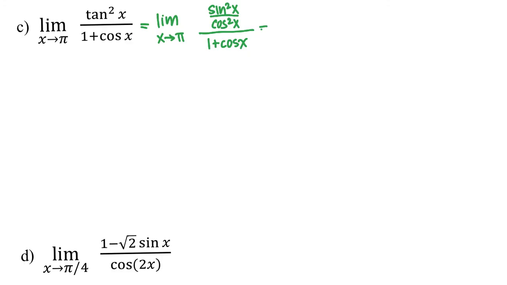Okay, let me rewrite this. I don't like the complex fraction. So I'm doing sine squared x over cosine squared x divided by 1 plus cosine x, which is multiplying by the reciprocal.